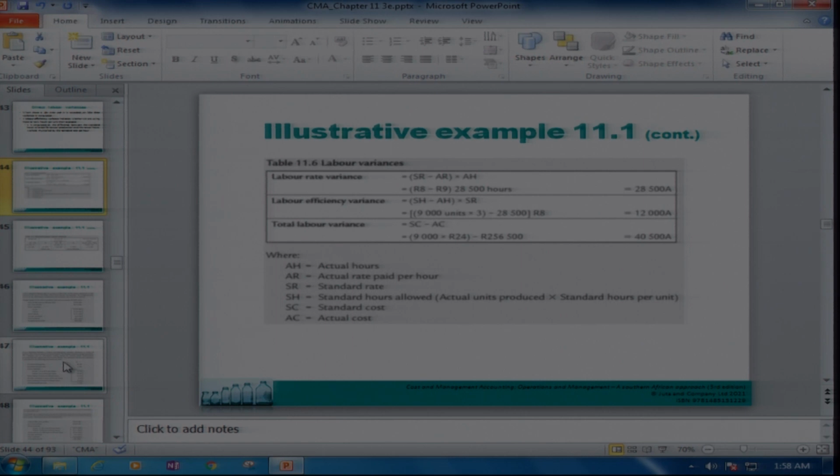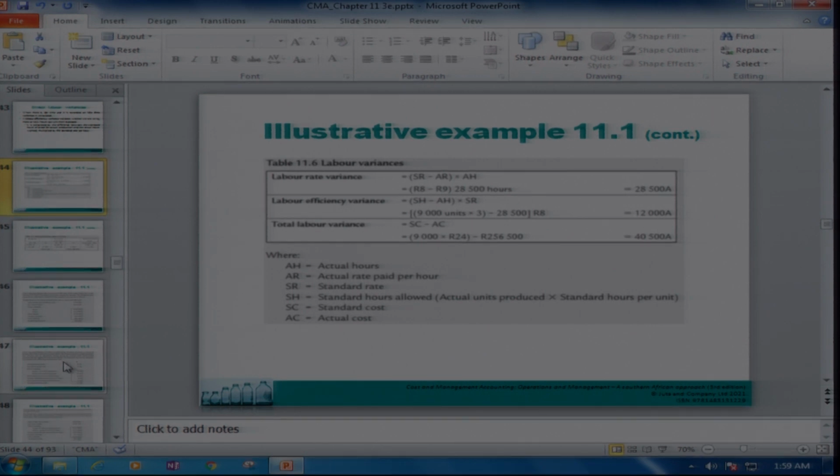The actual rate will be the amount that has been paid by the company for an hour that the employees are working. Remember, when you do standard costing or variance calculation, we always compare at the same level. So that is why we're comparing the 8 rand per hour with the 9 rand per hour. So they are at the same level.